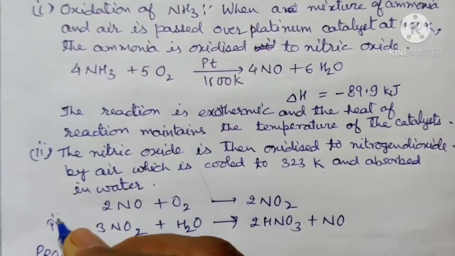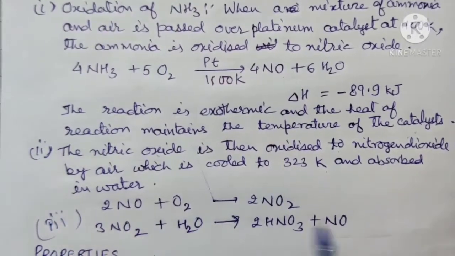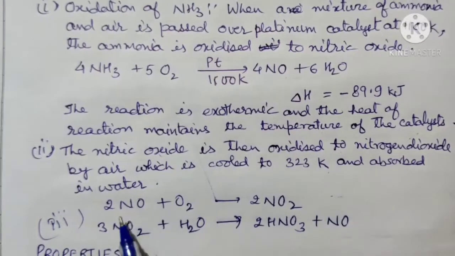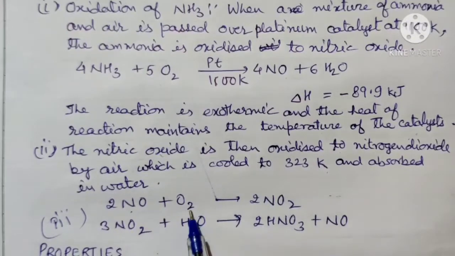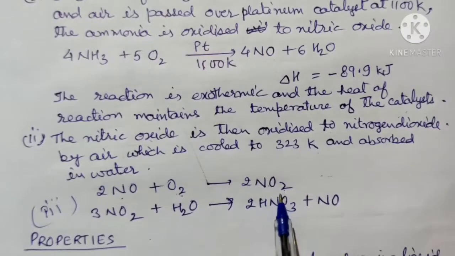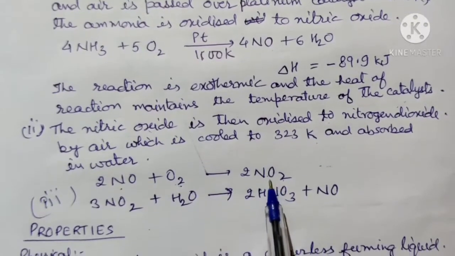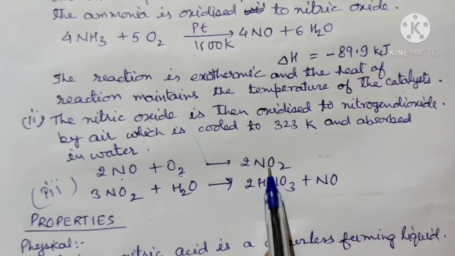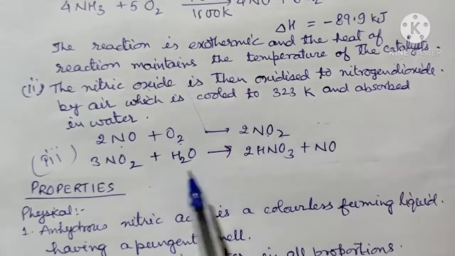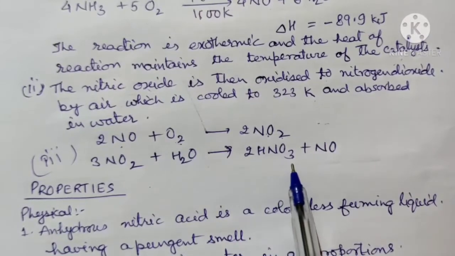In the second step, we convert the nitric oxide into nitrogen dioxide. Nitric oxide is heated in air in the presence of a catalyst, and it is oxidized to nitrogen dioxide. In the third step, the nitrogen dioxide so formed is dissolved in water to get nitric acid.